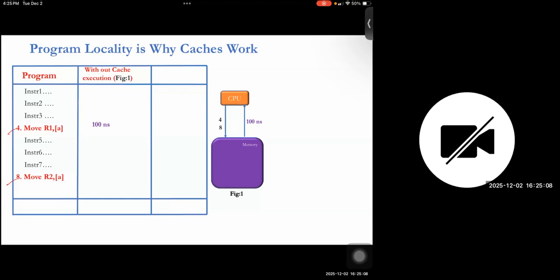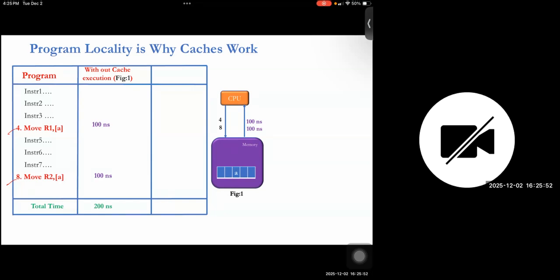Again the value A is requested, identified and sent back to the CPU. Again its execution takes 100 nanoseconds in the pipeline. So the total execution time for these two memory instructions, which access the data value from the same block of memory, is 200 nanoseconds.